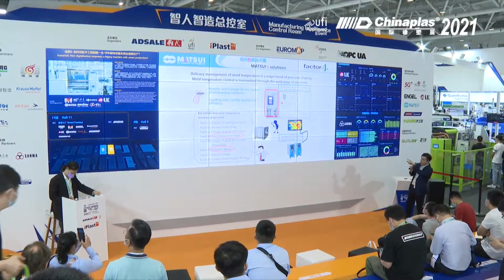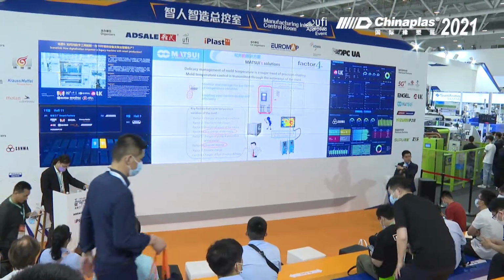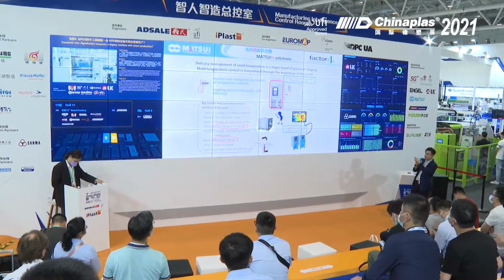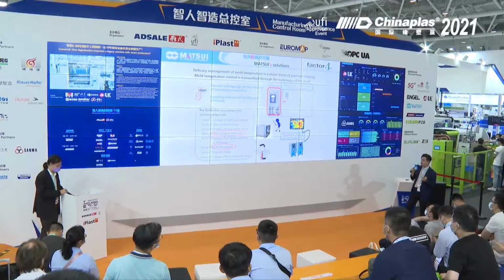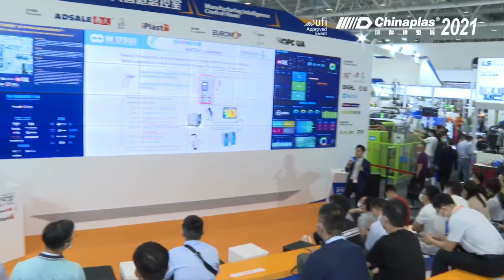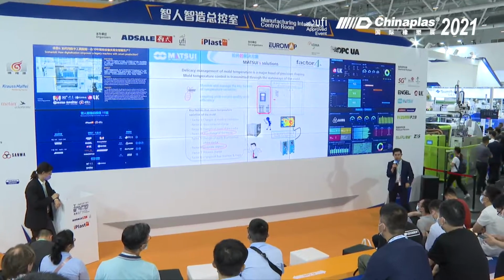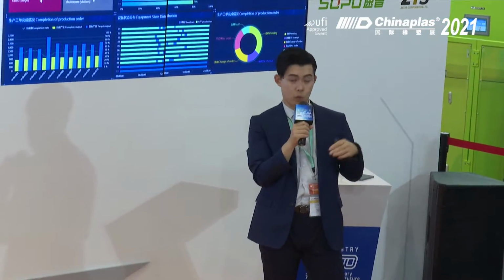We mainly have 8 key factors that cause temperature variation of the mold. And I think 2 points are very important. The first one is the flow change of the media. And the second one is lime scale and deposit in the mold.